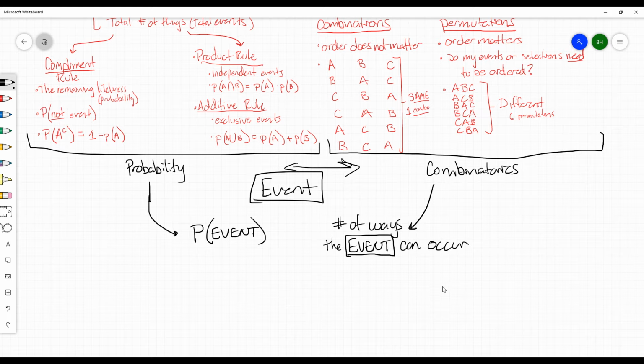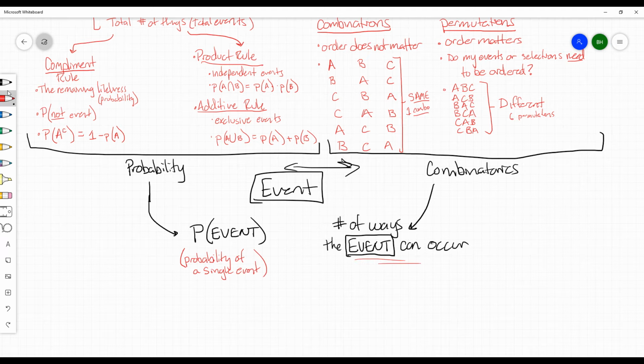So this is where probability and combinatorics come in, because this is the likeliness of the event happening just by itself. This is the probability of a single event. And then we look at the number of ways that the event can occur.